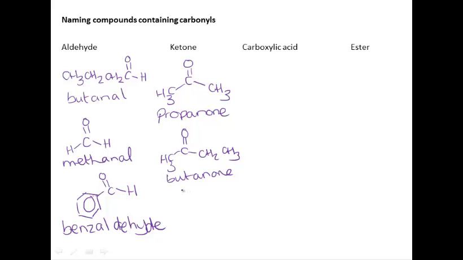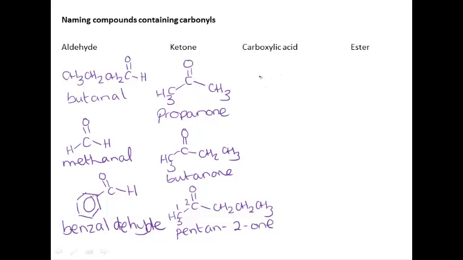After you have had butanone though, you are going to have to start using numbers to show the position of the carbonyl group. So if we look at one with 5 carbons, this is the 1 position, this is the 2 position. So this is pentan-2-one.